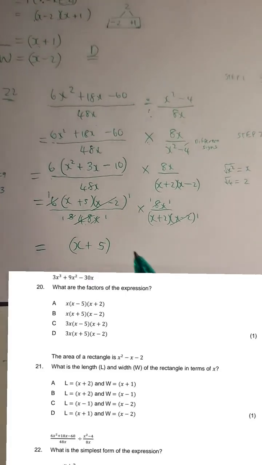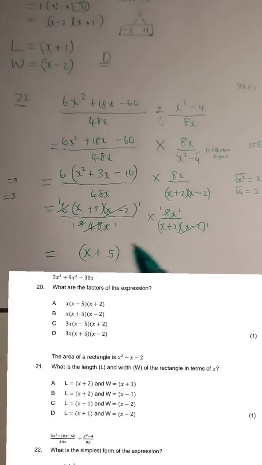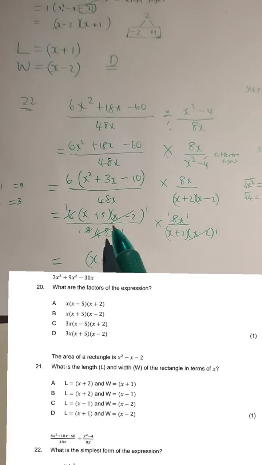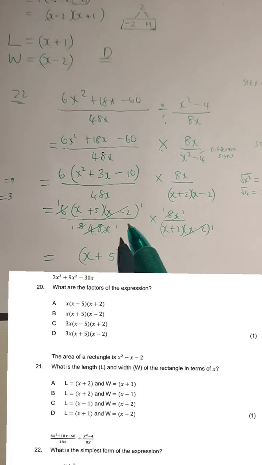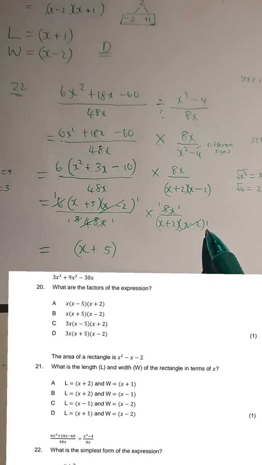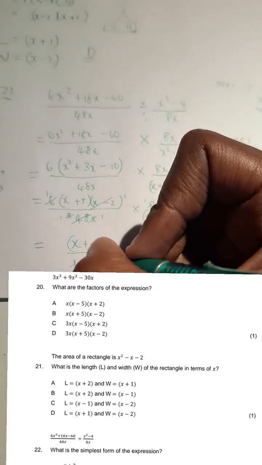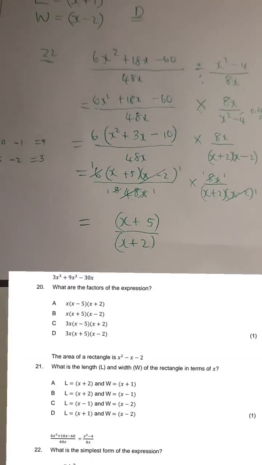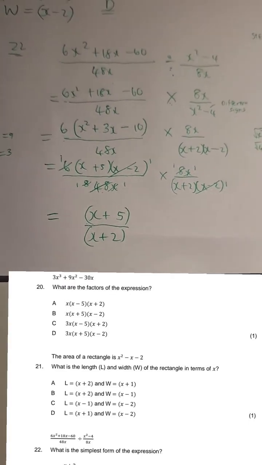Then in the denominator, what is left over? 1 times the 1 that's left over times the x plus 2 times the 1. That leaves me with what in the denominator? X plus 2. That's what's left over.